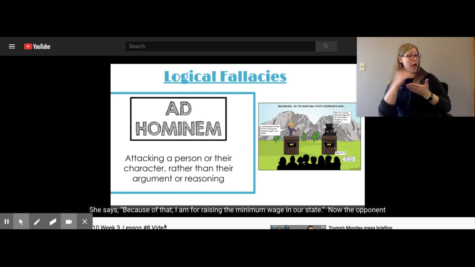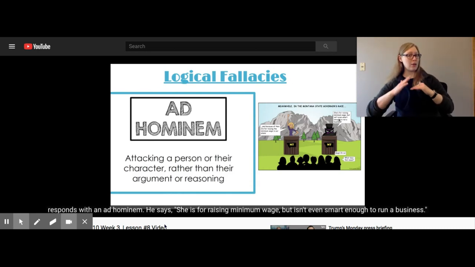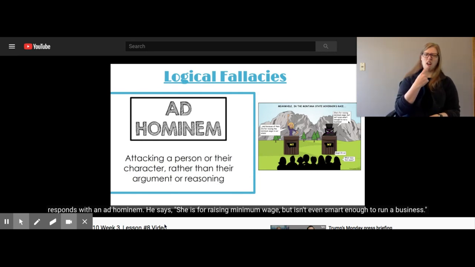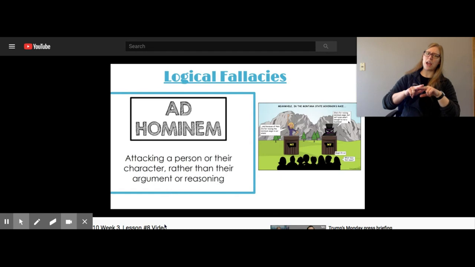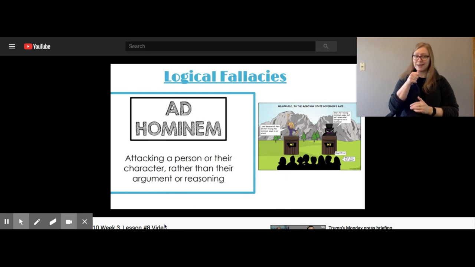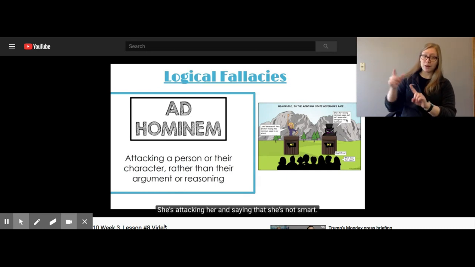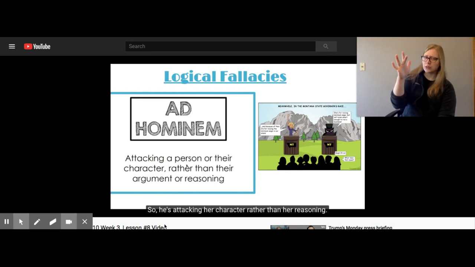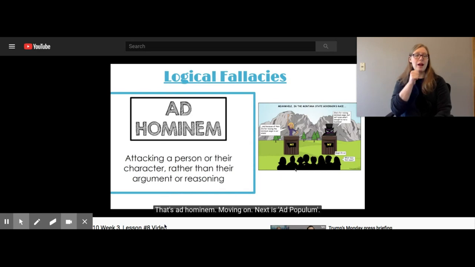The opponent responds with an ad hominem. He says, she's for raising minimum wage, but isn't even smart enough to run a business. So he's not arguing with her point, he's attacking her and saying that she's not smart. He's attacking her character rather than her reasoning. That's ad hominem.